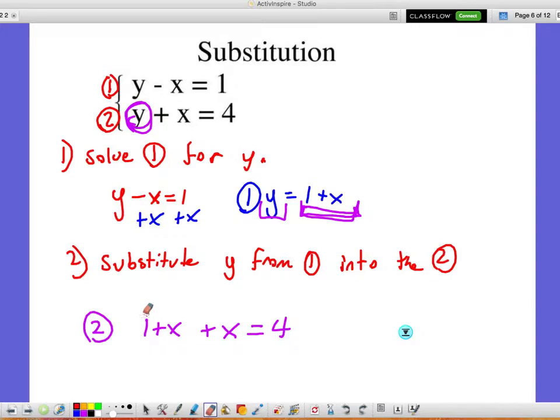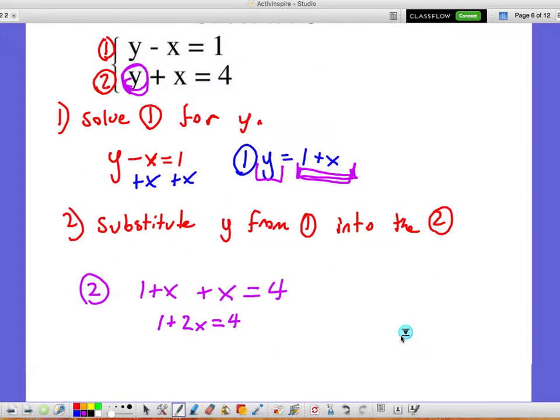And now we have an equation where we can solve for x, because that is the only variable that I have. So let's go ahead and simplify this. We have 1, x plus x is going to be 2x equals 4. We subtract 1 from both sides, so we have 2x is equal to 4 minus 1, which is equal to 3.